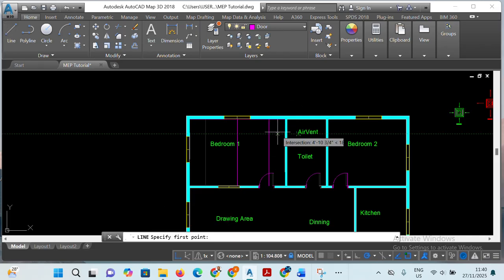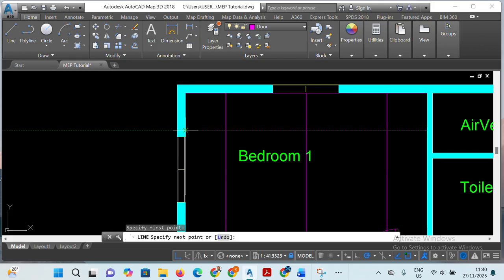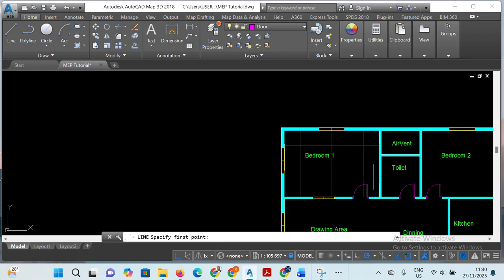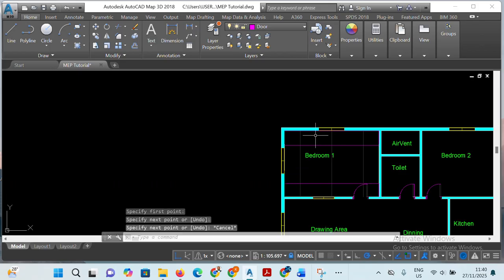So we can join the line and the second one. So this is the arrangement for the placement of the 6 devices: 1, 2, 3, 4, 5, 6.